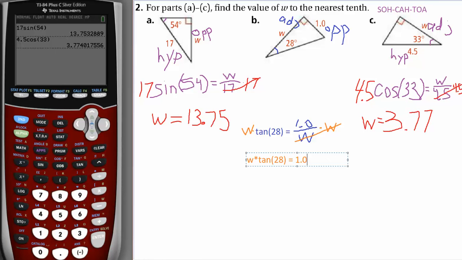Now, since it's W times tangent, we have to divide. And what are we dividing by?